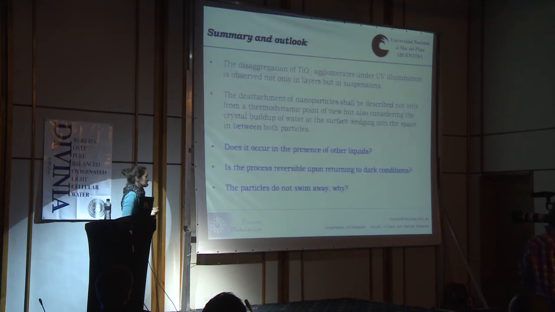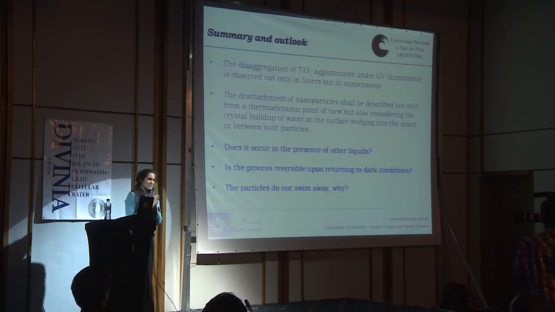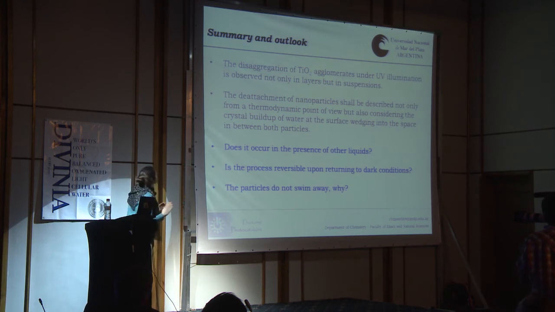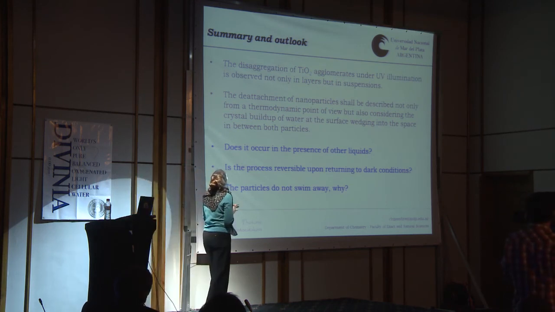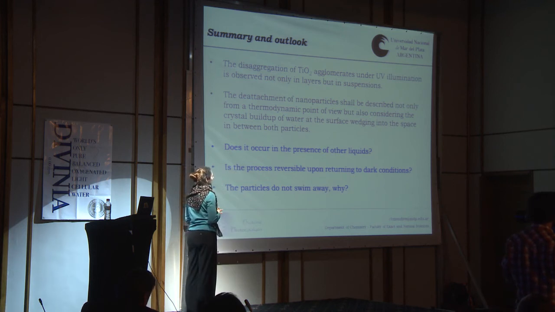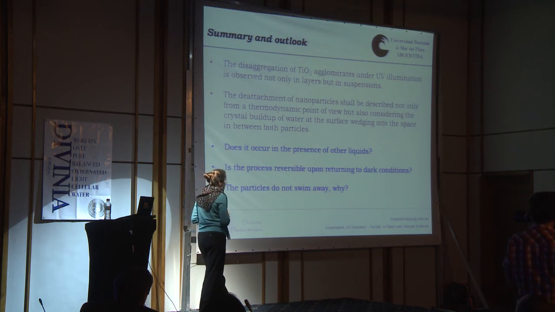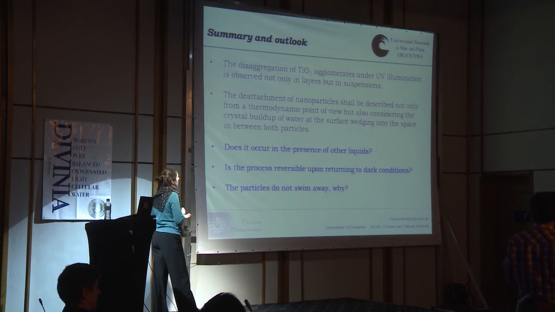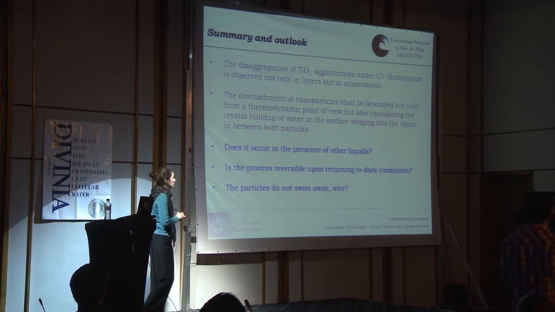So that's the main important role of water we think we have in our systems, combined also with the recombination energy released. So in summary, because I don't want you to be very hungry because of me, I wanted to tell you that the disaggregation of agglomerates under UV illumination is observed not only in layers, but in suspensions, that the detachment of nanoparticles shall be described not only from a thermodynamic point of view, but also considering the crystal buildup of water at the surface wedging into the spacing between both particles.